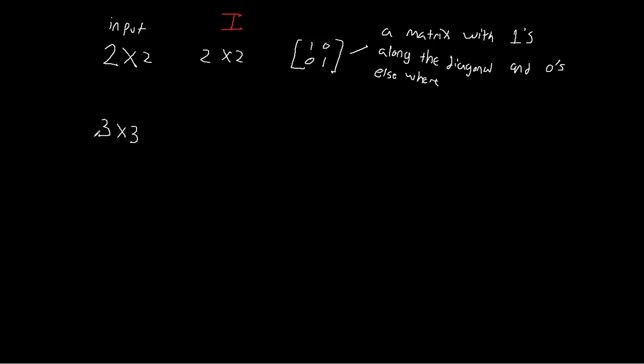We already said that for a 2x2, I had to match. It's going to be the same for a 3x3. Our I is going to be a 3x3. I'm not going to go through a 3x3 example, but what does I actually look like if we expand it out?